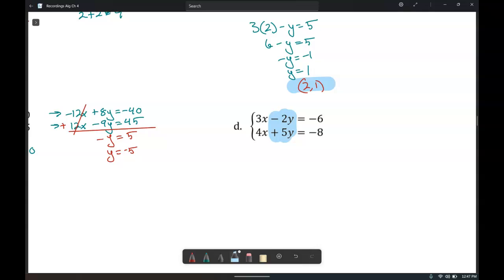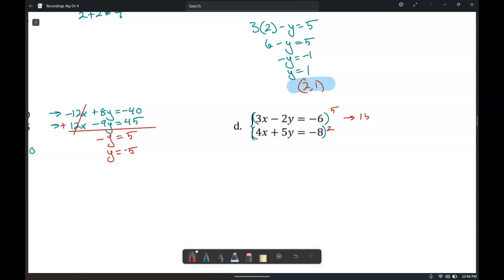And so what we can do is just think, well, this is already a negative, this is already a positive. I want the same magnitude, so I can easily turn this term into a negative 10 and this term into a positive 10 just by multiplying by the other coefficient. So I can multiply the first equation by 5, and I can multiply the second equation by 2, and that will give me opposite coefficients for my two equations.